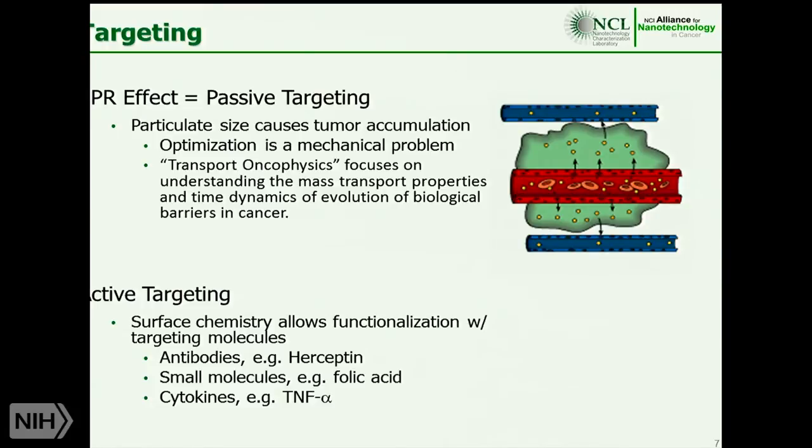However, it is important to mention that in order for active targeting to work, passive targeting still has to take place, because even though we have antibodies or any ligand on the particle surface, in order for this ligand to recognize a receptor or molecule expressed on the surface of the cancer cells, the nanoparticle has to go through the vasculature, get into the interstitial space, and then interact with the cancer cell over there.